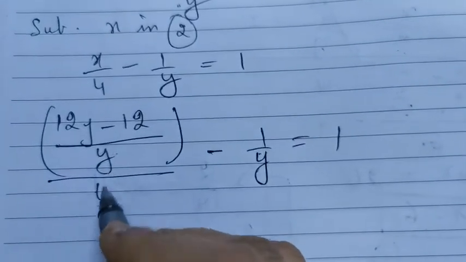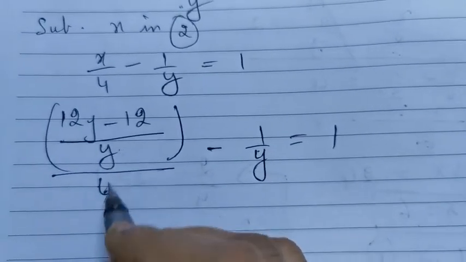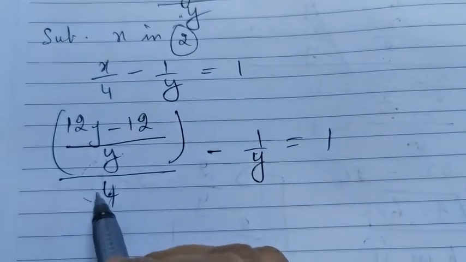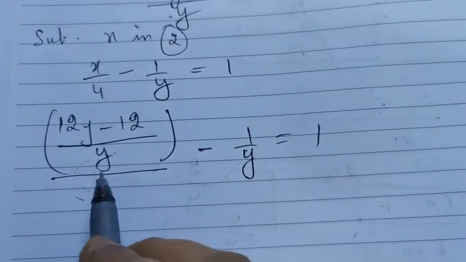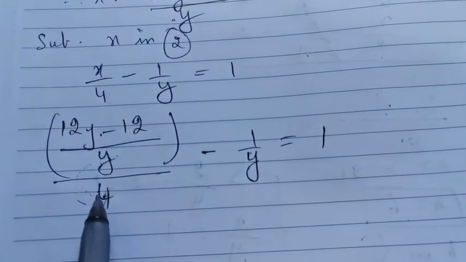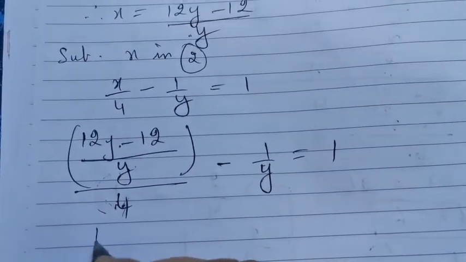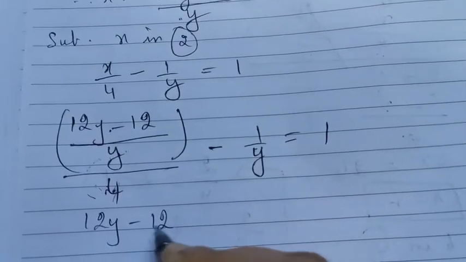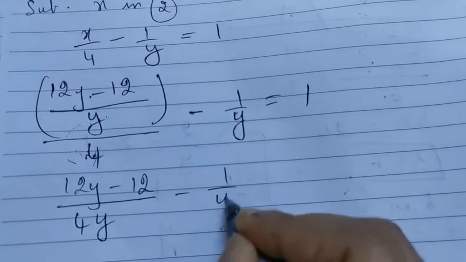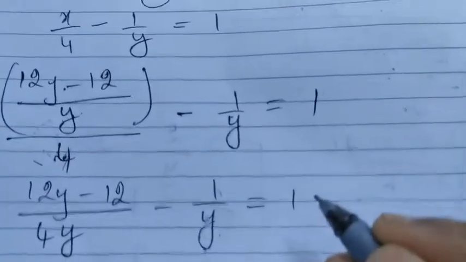Now this y will get multiplied with 4. Denominator of the first fraction and numerator of the second fraction will be multiplied. So 12y minus 12 divided by 4y, minus 1 by y is equal to 1.